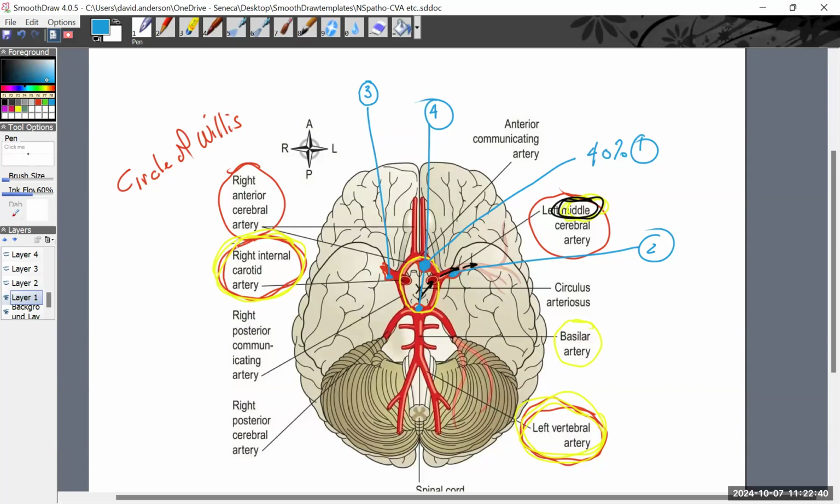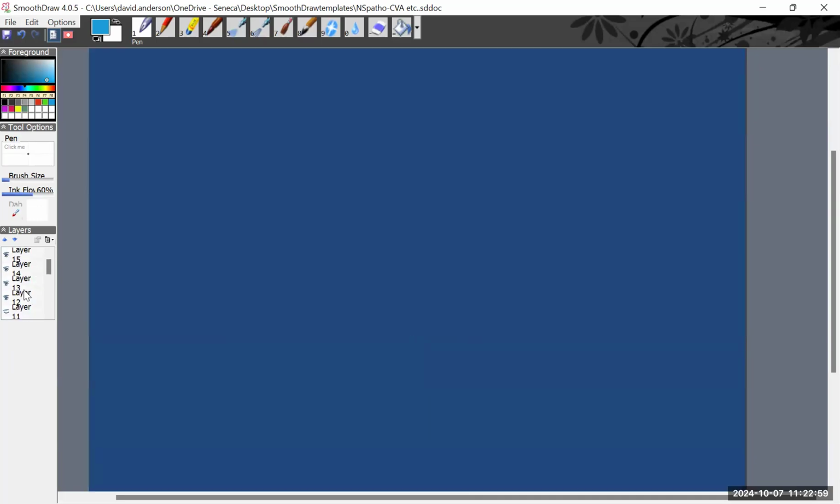And you can appreciate that part of the reason that the circle of Willis is susceptible here is because the blood vessels are under relatively high pressure and they're pretty small blood vessels overall. So under high arterial pressure, they're not that far away from the heart and the larger blood vessels. So the pressure is pretty significant.